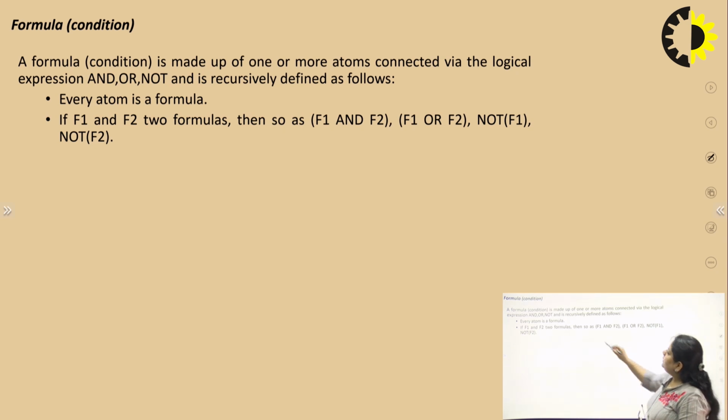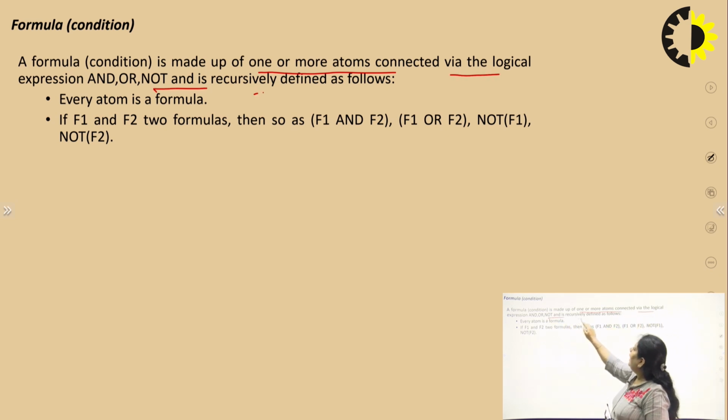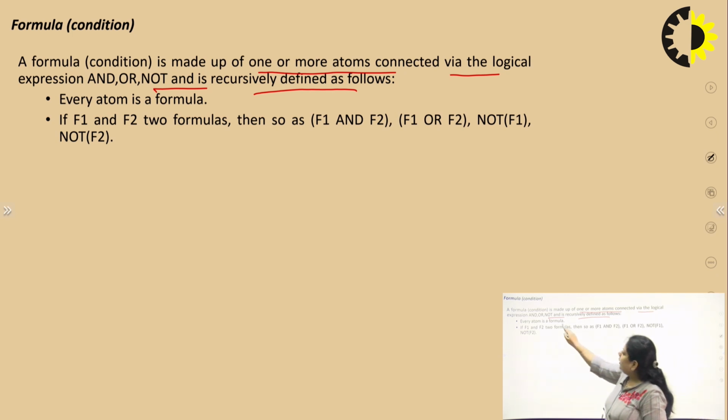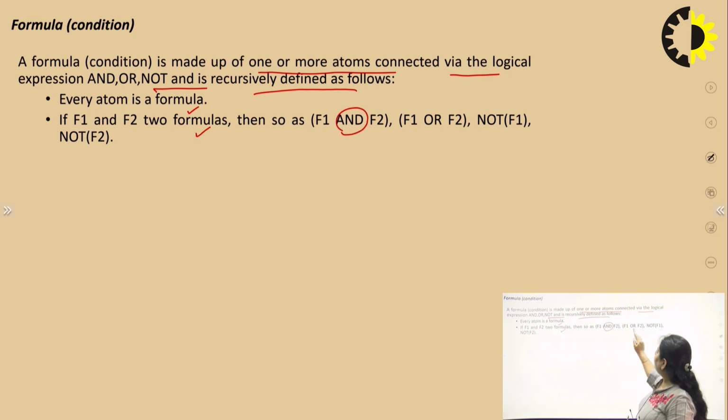So a formula with a condition is made up of one or more atoms connected via the logical operators and, or, not, and is recursively defined as follows. So an atom is a formula, where F1 and F2 are two formulas and they are joined using the different conditions and, or, not.